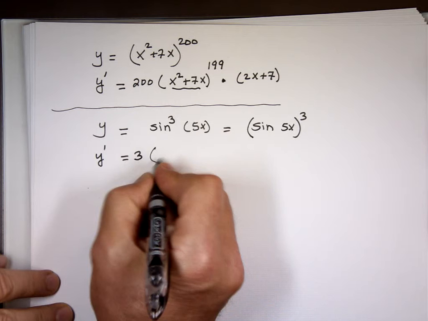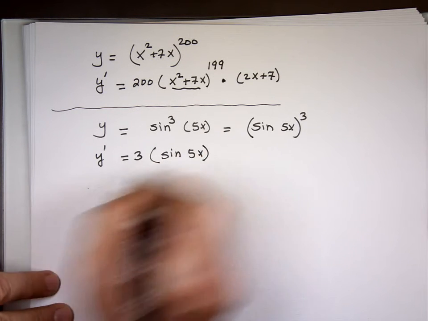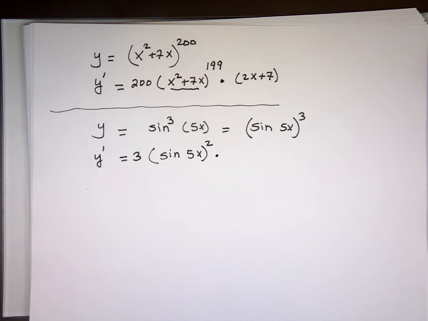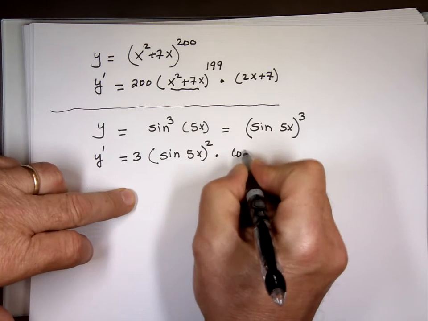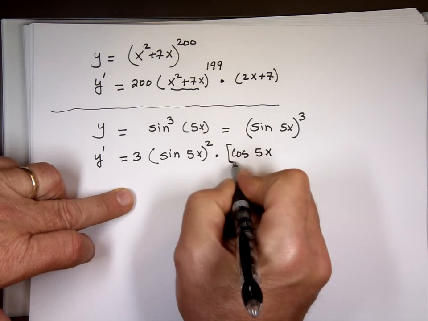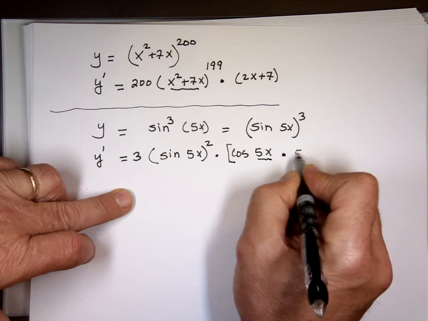Times sine 5x to what power? 2, times the derivative of what's on the inside. What's the derivative of sine 5x? And be careful there. Cosine 5x. Keep going, you're not done. Times the derivative of this, which is what? 5.